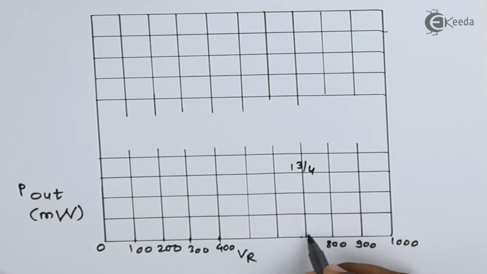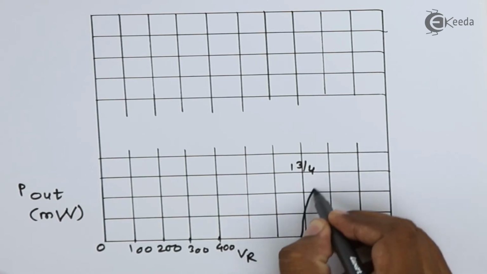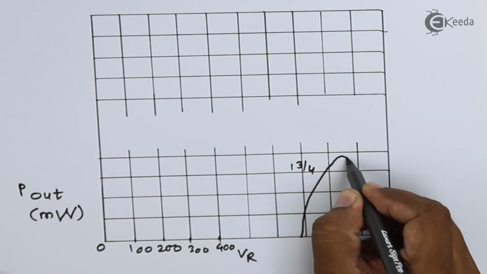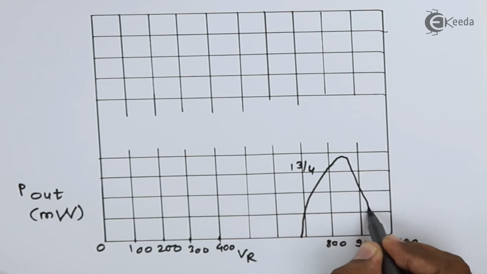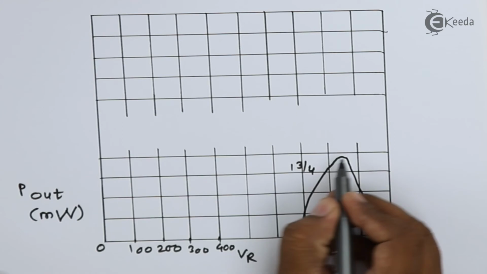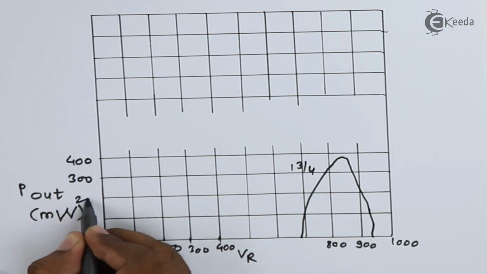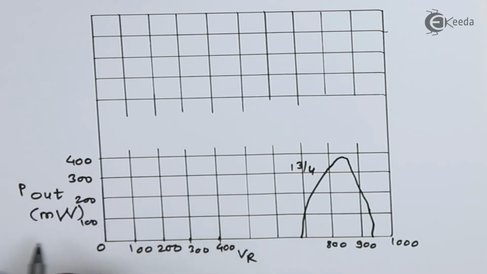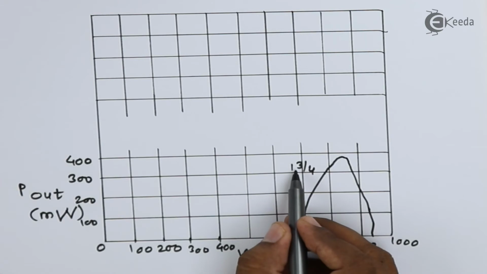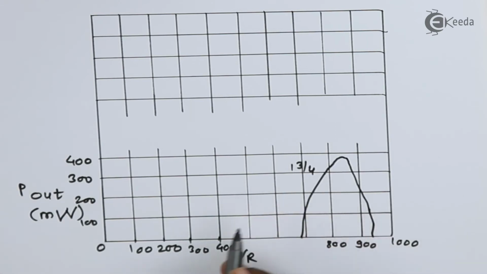It will be started approximately, it will be going up to the 400 milliwatts. So this will be 300, this will be 200 and this is 100. So this will be the curvature for 1 and 3/4 cycle.